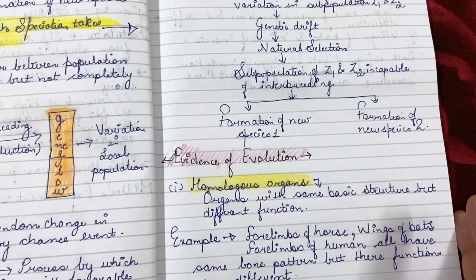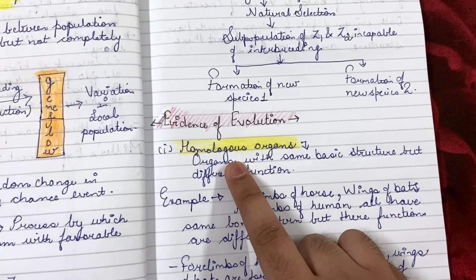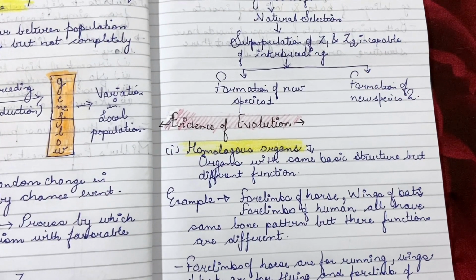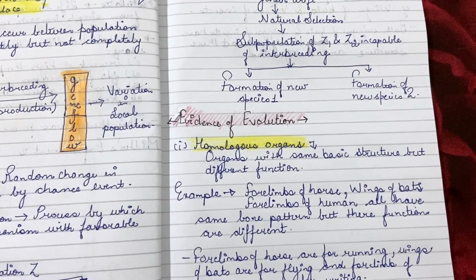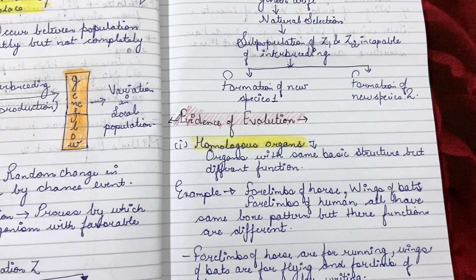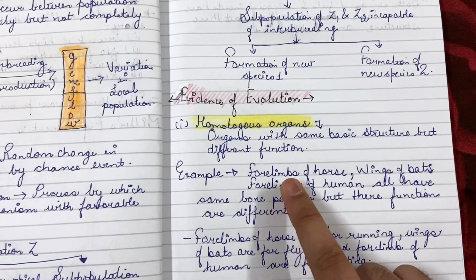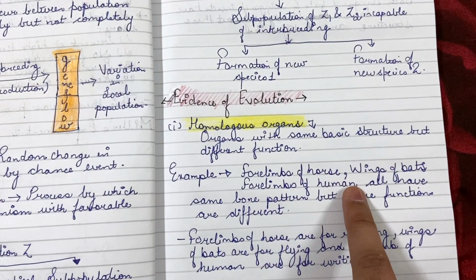Now let us understand evidence of evolution. The first evidence of evolution is homologous organs. Homologous organs are those organs which have the same basic structure but different functions. An example is the forelimb of a horse, wings of a bat, and forelimbs of a human.